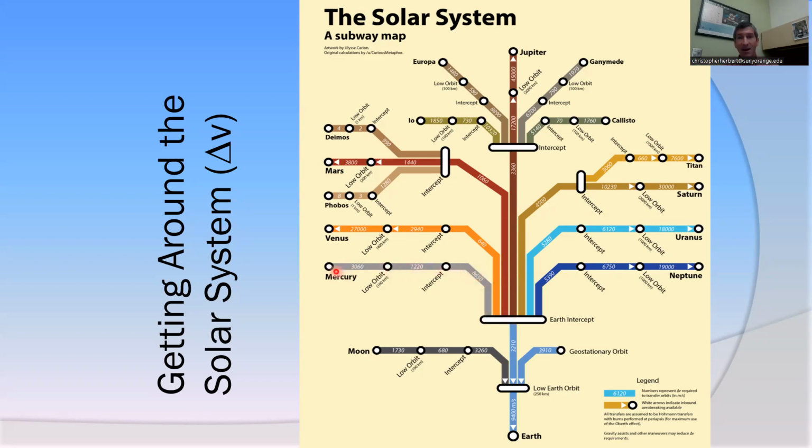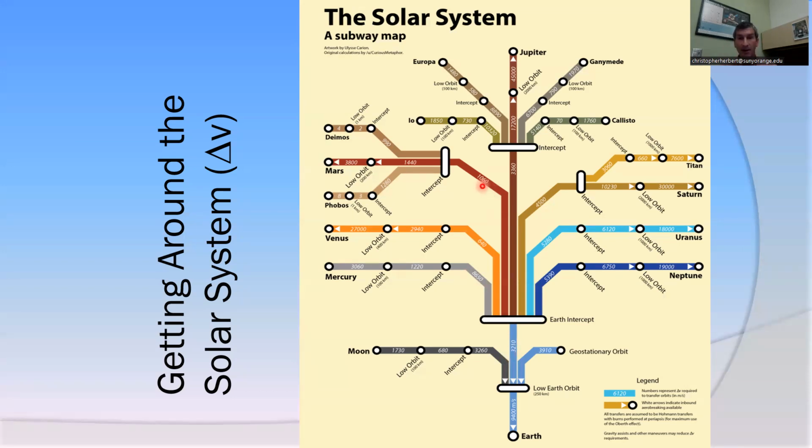Mercury actually takes more energy. You have to get rid of more energy to go to Mercury than the energy it takes to get to Mars. And that seems sort of counterintuitive, but the fact that Mercury is sitting so deep in the sun's gravitational well means that to get there, you have to give up energy. And of course, here is Mars, a very common place that we've sent space probes.